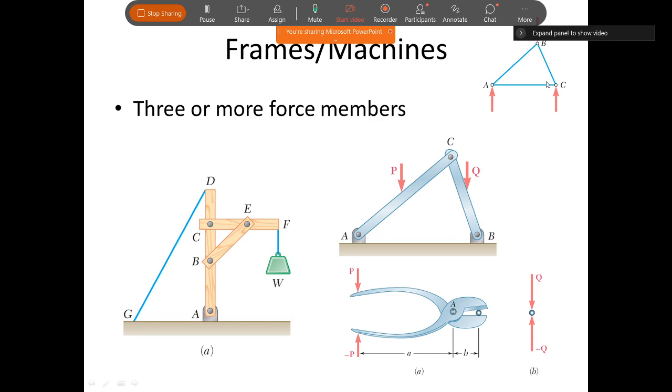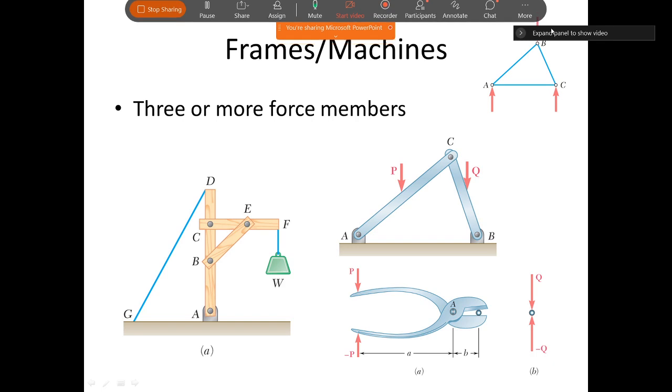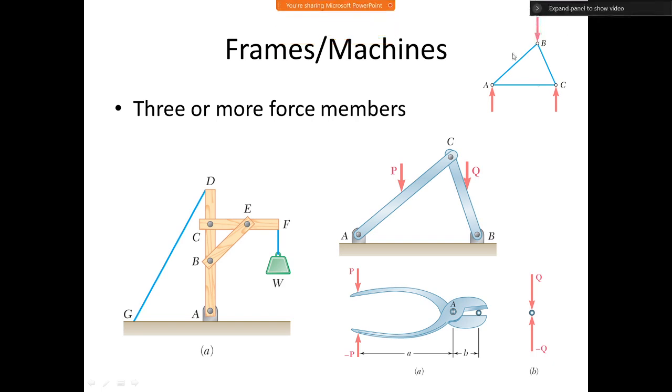let me first go to the top right corner. The top right corner is the figure of a truss, what we have seen. So in a truss, all members are 2 force members. If there are external loads, the external loads also act on the nodes or at the joints. So that is a truss.